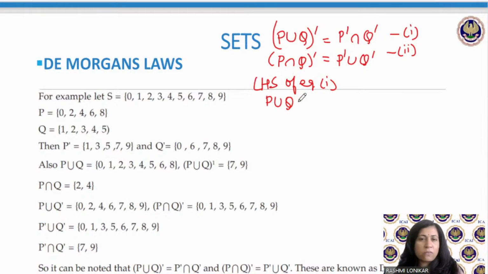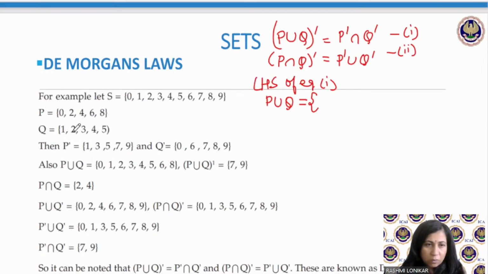So let us find out first P union Q. What is P union Q? It is all the elements of sets P and Q, but remember that all the common elements will be written only once. So here, what is P? 0, 2, 4, 6, 8. What is Q? 1, 2, 3, 4, 5.